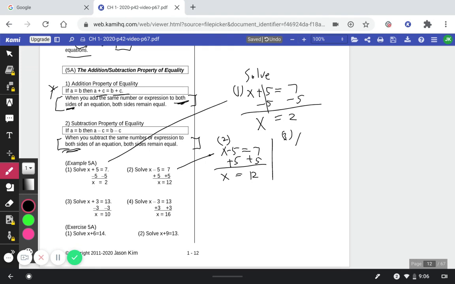Number 3, you have x plus 3 equals 13. To get rid of plus 3, you do the inverse operation, which is minus 3 on both sides. So x becomes 10. Number 4, you have x minus 3 equals 13. The inverse of minus 3 is plus 3 on both sides. x becomes 16.